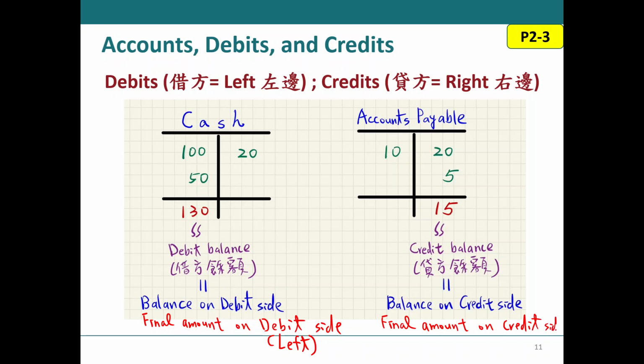So that means on your right side. Okay? So that's debit balance, credit balance. It just tells you which side your final amount is on, debit side or credit side.